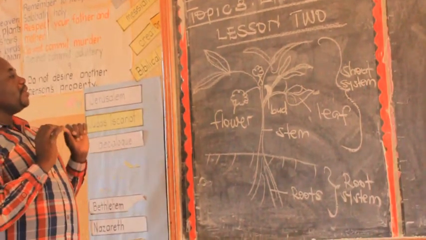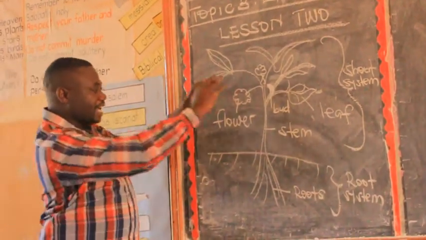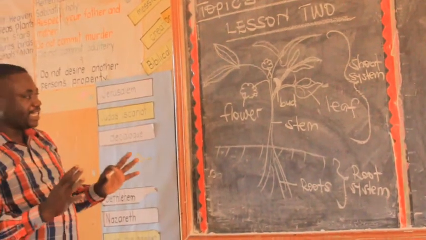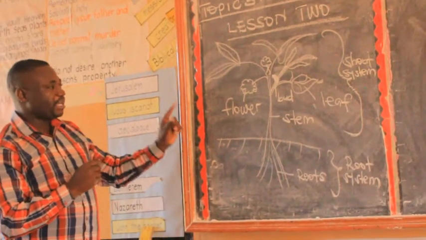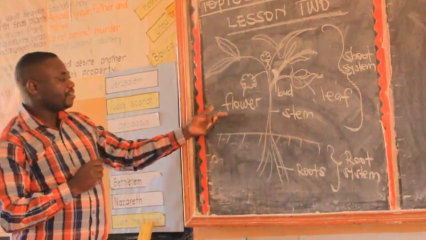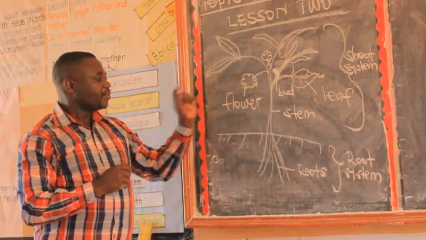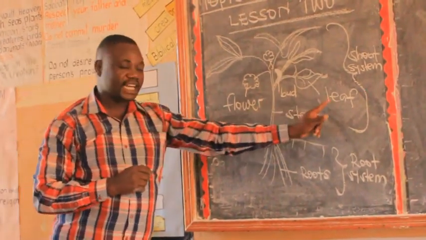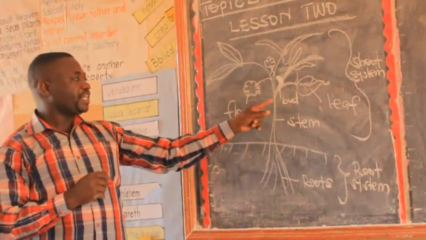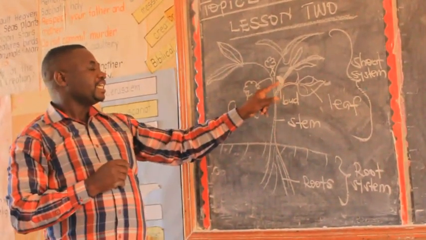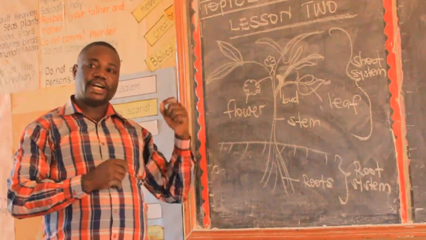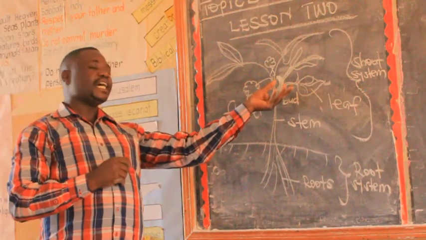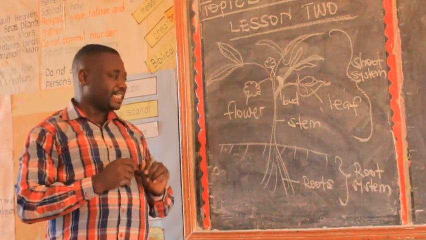So now, at least we have learned the main parts of a plant. We have a flower, a stem, a leaf, and we are including a bud because it also develops into a new plant, and it develops in a region between two branches.